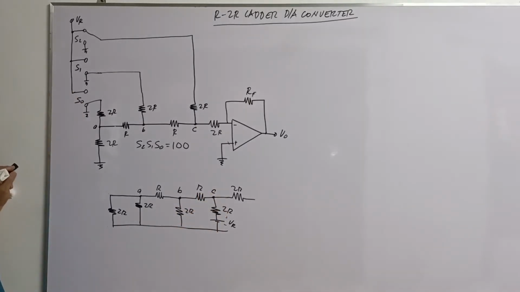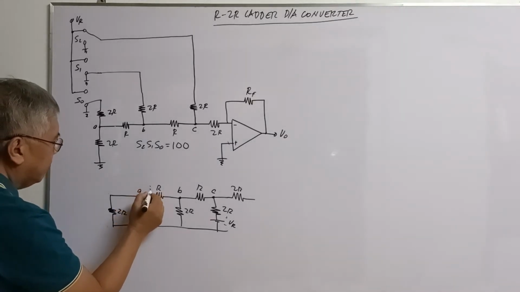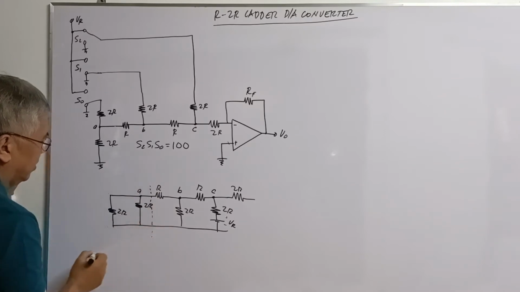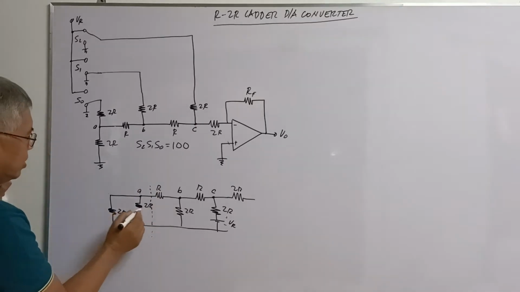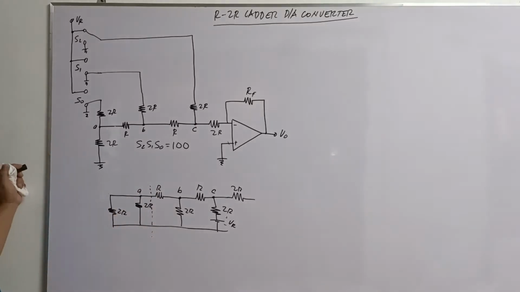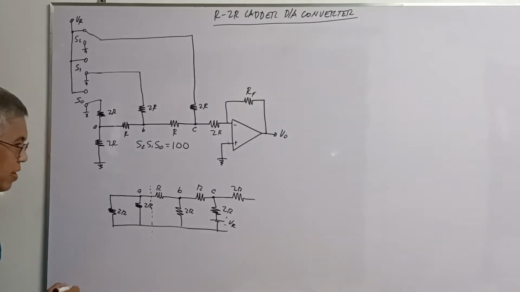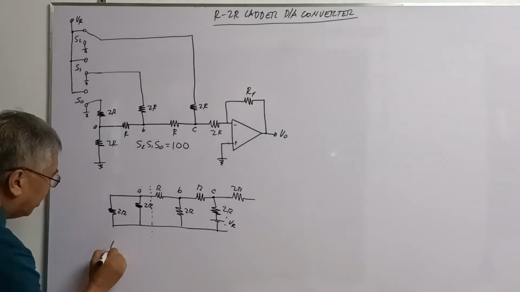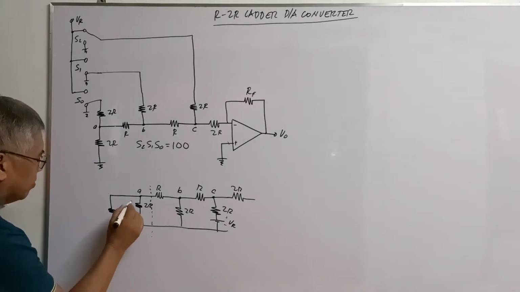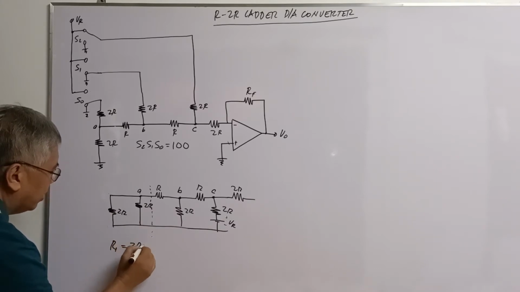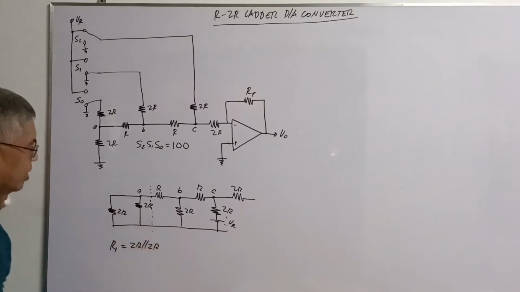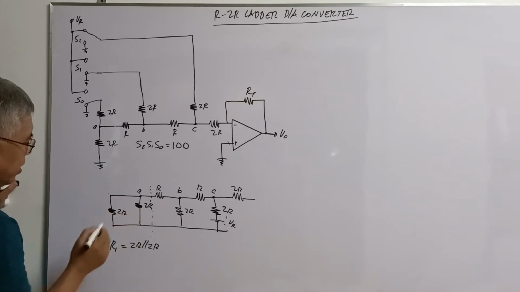Now, if we determine the value of your R here, you notice that these 2R resistors are connected in parallel. Let's say we represent it with R sub 1. R sub 1 is 2R in parallel with 2R, this one here and this one.